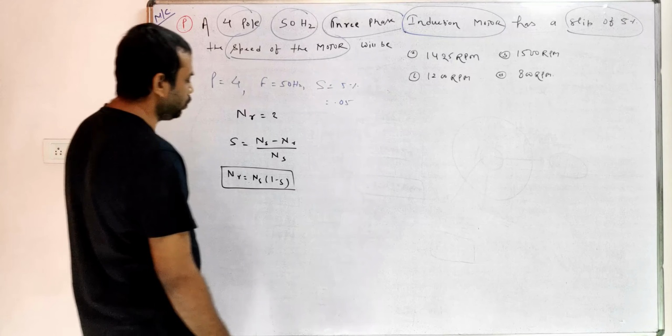So here, 120 times the supply frequency, which is 50 Hz, divided by the number of poles, which is 4. Ultimately we get a synchronous speed of 1500 rpm.